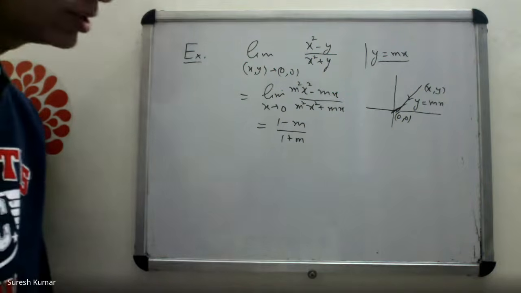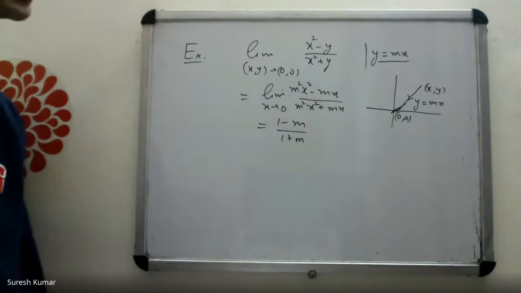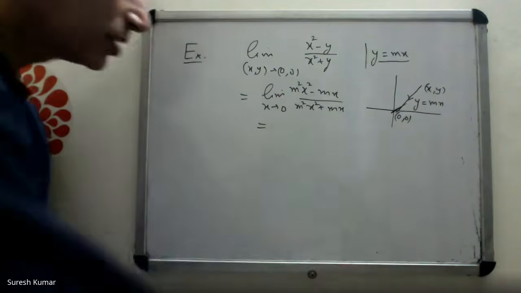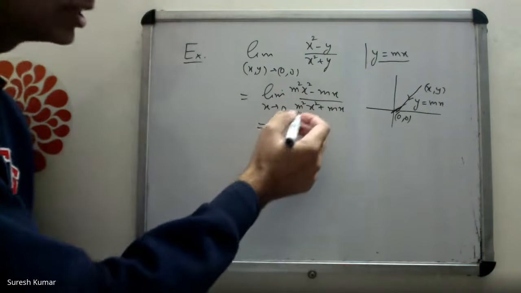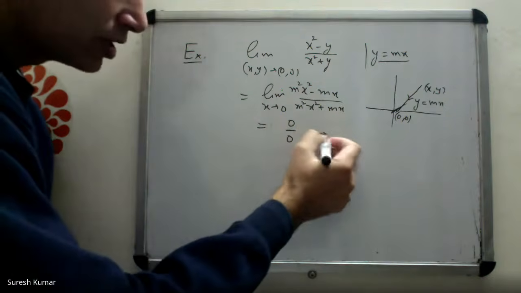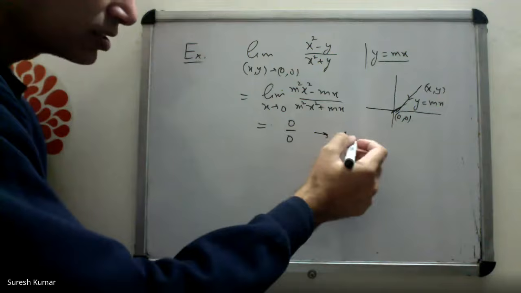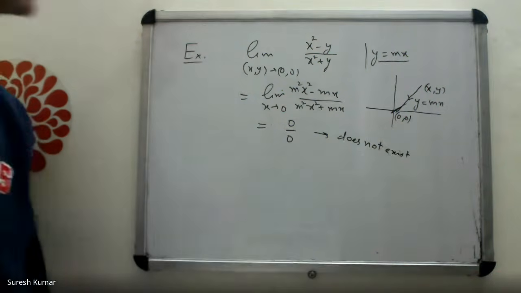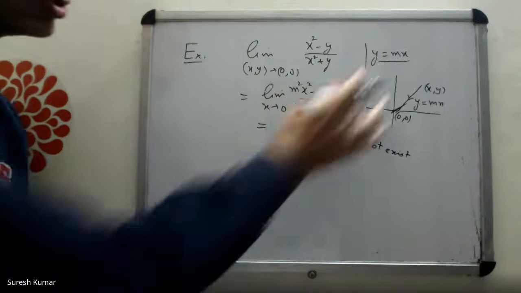What is the answer of this? Simplify further. X is not eliminated, you can see. So it is 0 by 0. And students will write the answer, limit doesn't exist. This is not correct. You cannot use the path this way.